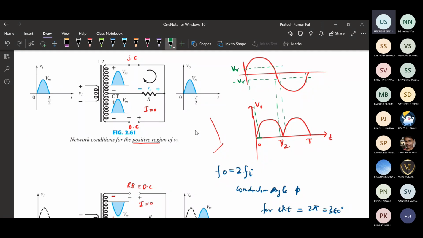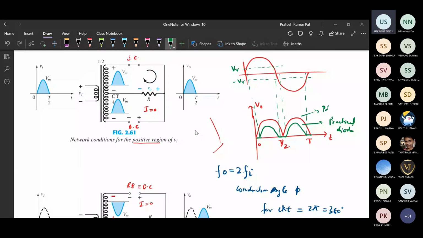So the output that we will be getting is, for the amount the knee voltage is not reached, the output will be 0, and then it will come out here. It is 0 for the amount for which the applied voltage is less than the knee voltage. So this is the output of the practical case, and this is the output in case of ideal.